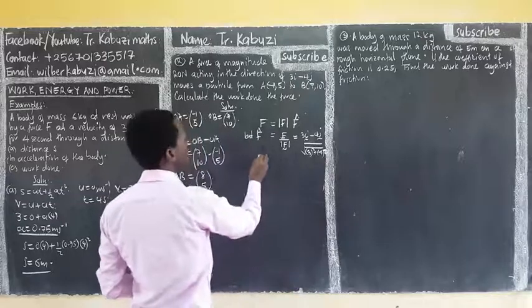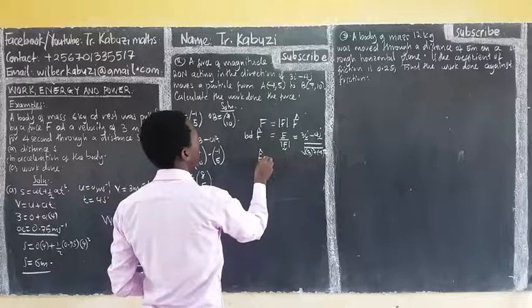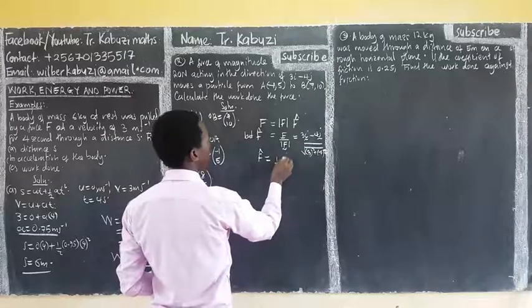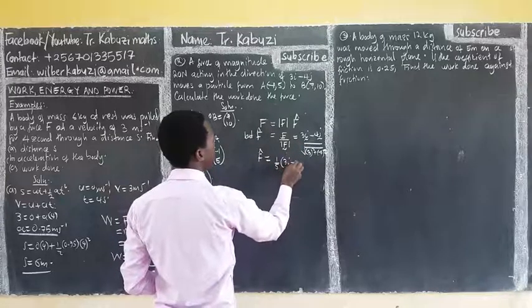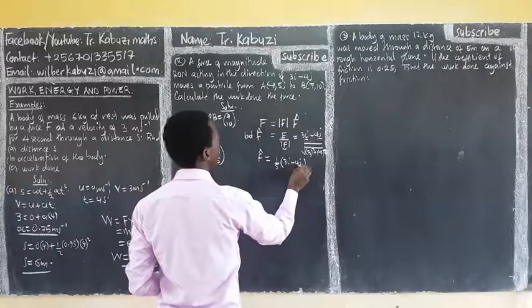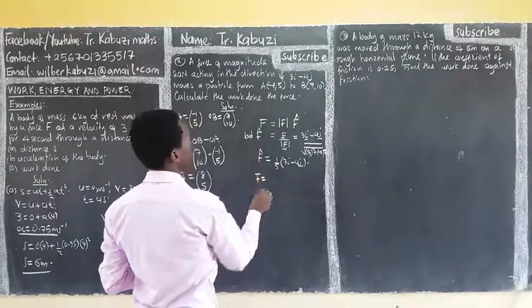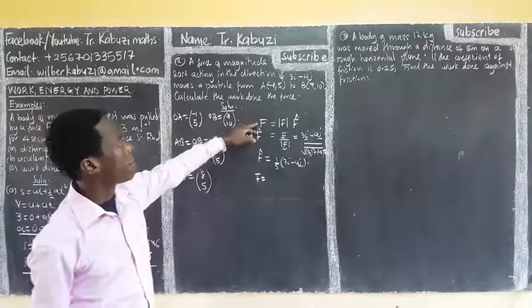And so it's that now our unit vector is going to be 1 over 5 times 3i minus 4j.